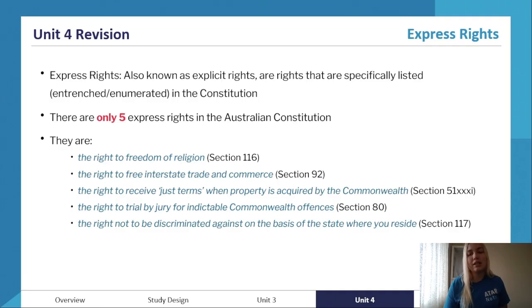Section 117 allows for things like one person can go live in a different state if they're an Australian citizen, and they should experience no discrimination. They should be able to get a job and shouldn't be not given a job because they've moved. They should be paid the same as someone else with their level of experience that hasn't come from a different state.